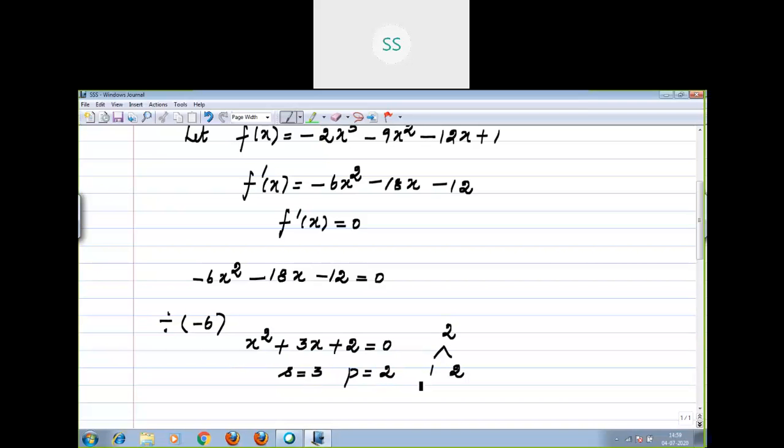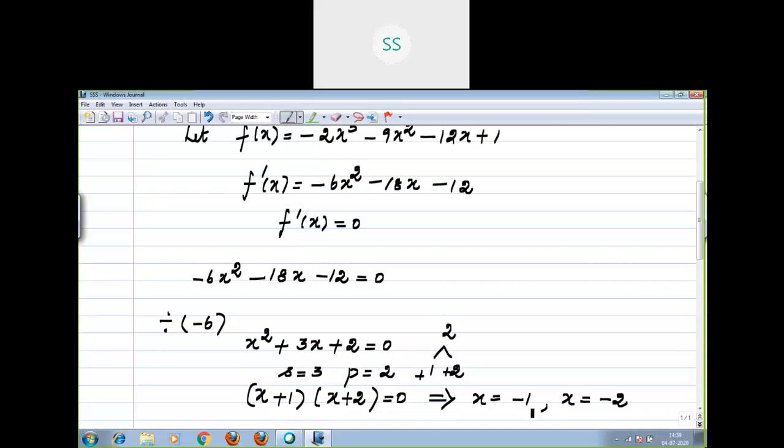That is the only one possibility. Sum is positive, product is also positive, so both are positive. Now you are going to factorize: x plus 1 into x plus 2 equal to 0, which implies x is equal to minus 1, x is equal to minus 2, right?